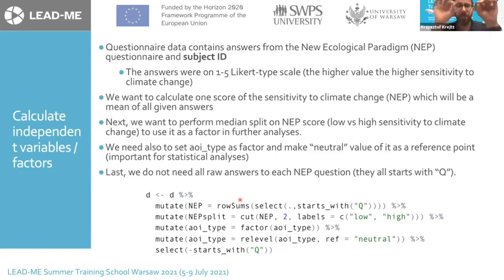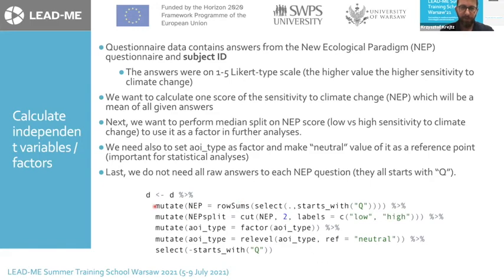So I add all the answers, and this is one number of sensitivity to climate change. I want to create a new variable, which is going to be called NAP, and it's going to be one indicator of participant sensitivity to climate change.